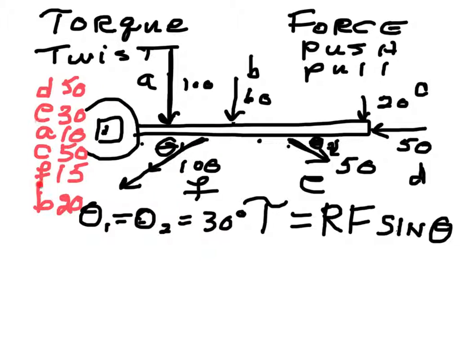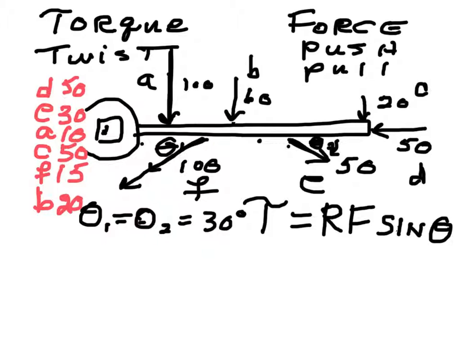So these are all in centimeters. These angles are in degrees. And the 100, 60, 20, 50, 50, 100, this is 100 by the way, it doesn't look like it. Those are all in newtons of force.